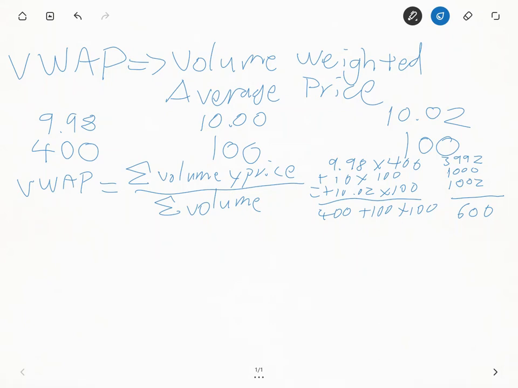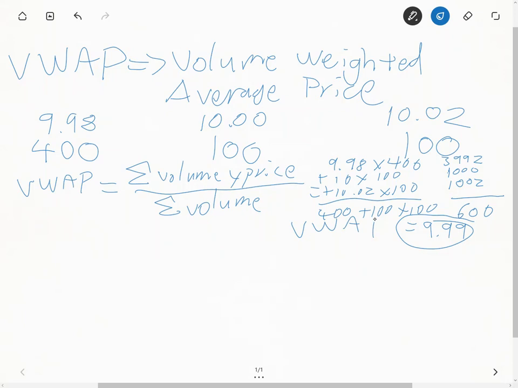So 5,994 divided by 600 should give you, if I'm correct, $9.99. If it's wrong, I apologize, but that is the VWAP. Now, the reason why it's lower is, again, because of this 400 compared to 100 and 100. So it's basically an average, but it factors in the volume, exactly as the name implies.